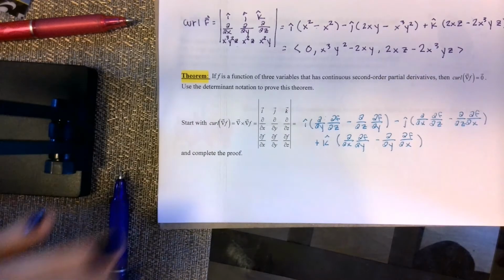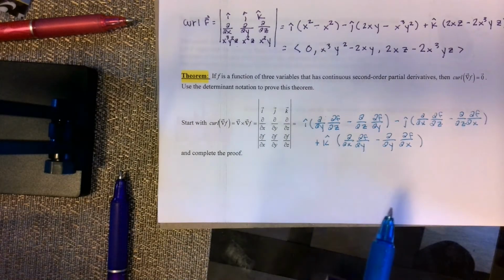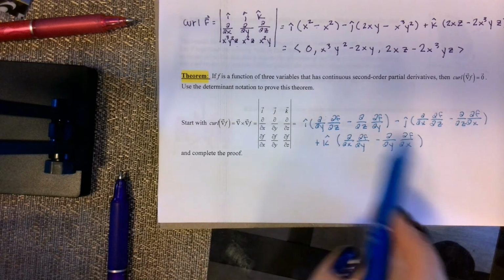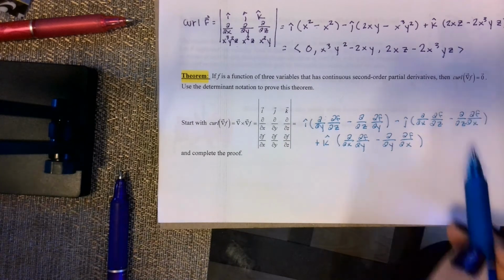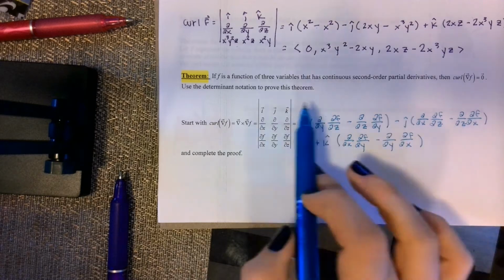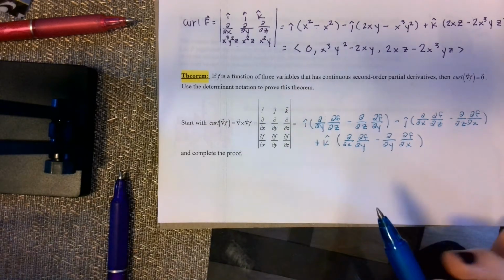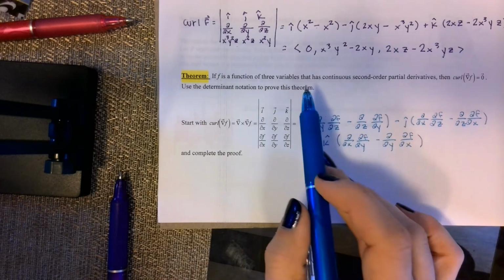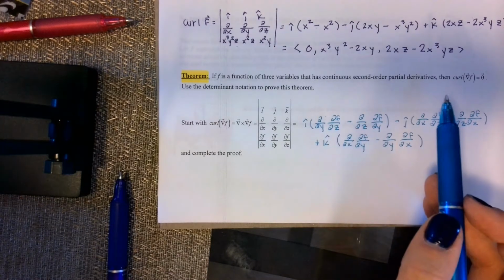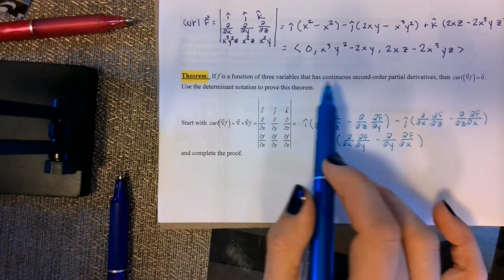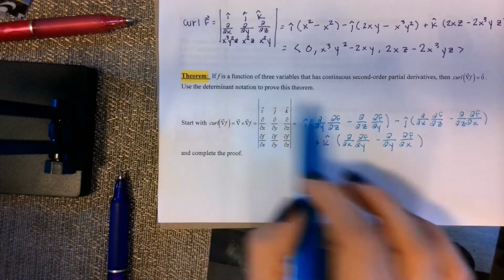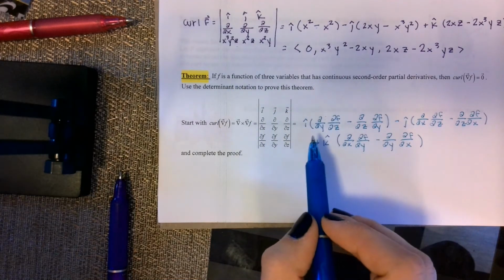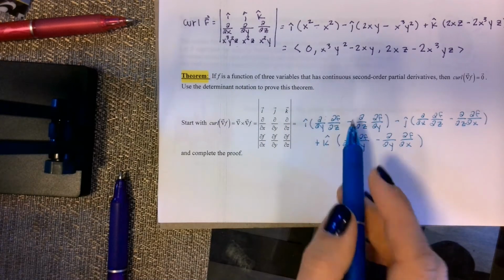So why would this be? Remember, our goal is to show that this is equal to 0. It's important we think about some of the theorems we learned earlier. This has continuous second order partial derivatives. If they are continuous at a certain point, then the mixed partial derivatives are equal to each other.